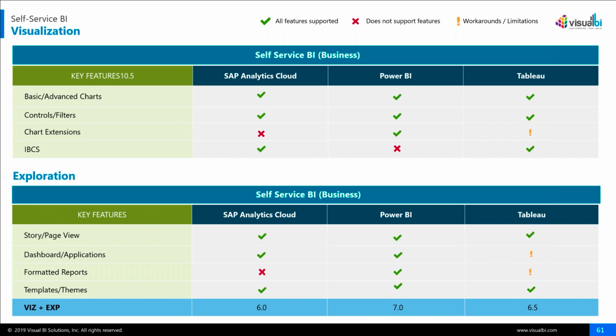But obviously there are third-party vendors that are selling IBCS charts for Power BI, but you can see Power BI is just getting ahead. But once Analytics Cloud releases their SDK for chart extension by the end of this year, and then the formatted reporting, it is going to tilt a little bit in favor of Analytics Cloud because they are going to be green across the board.